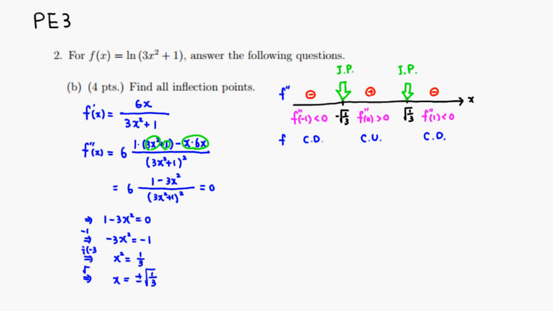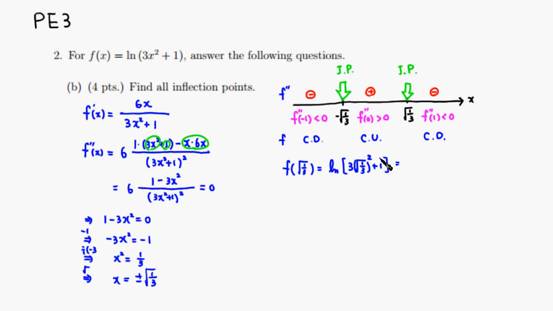So f of square root of 1/3 is equal to the natural log of, 3 times square root of 1/3 squared, and I'm going to use a bracket here so that I don't get confused, plus 1.